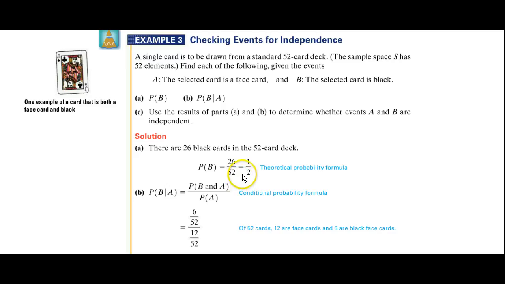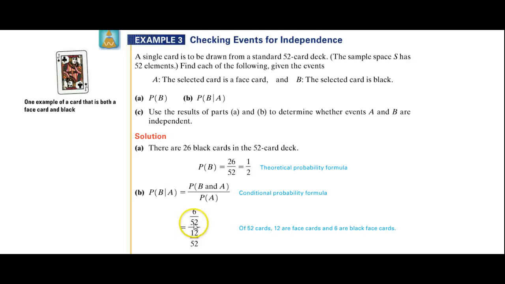Now we are going to check conditional probability, where face cards. Now in a 52 card deck there are 12 face cards and 6 of them are black. So we get 6 out of 52, and there are 12 face cards out of 52.